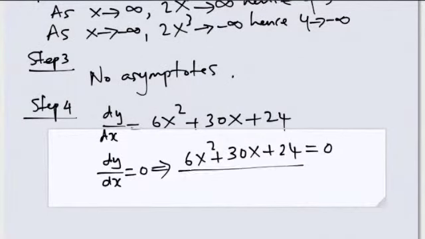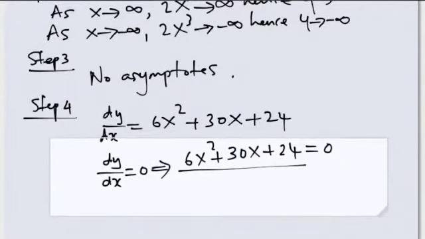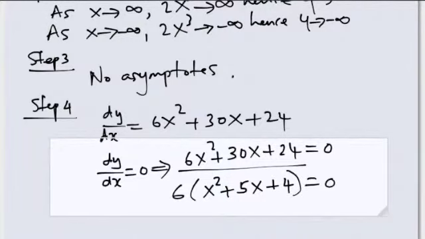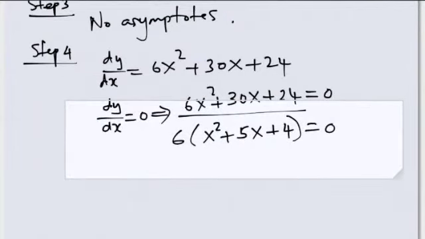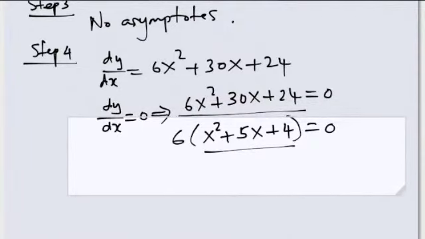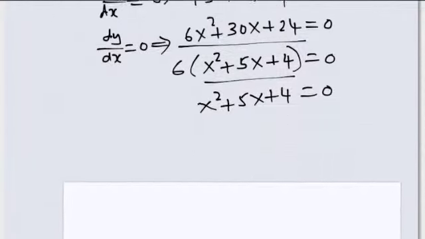We can factorize a 6 out from this expression. If we do that, we'll have x squared plus 5x plus 4 equal to 0. The product of 6 times this term is 0, so x squared plus 5x plus 4 must be 0.